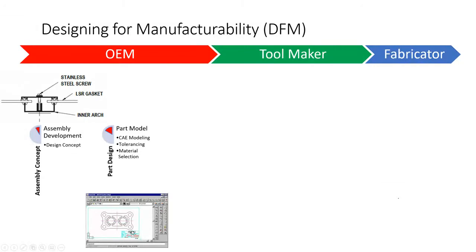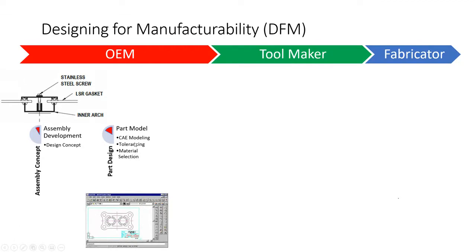Those files are translatable between one piece of software and another, and we can pull in one file and have a volumetric representation of what that part design looks like. Now, the OEM is usually responsible for both of these.